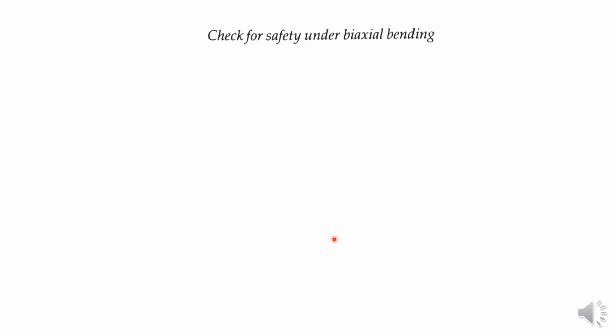Finally, we have to check the safety under biaxial bending. The formula for a member subjected to combined axial load and biaxial bending is given in clause 39.6. The formula is Mux divided by Mux1, to the power alpha n, plus Muy divided by Muy1, to the power alpha n, and the value should be less than or equal to 1.